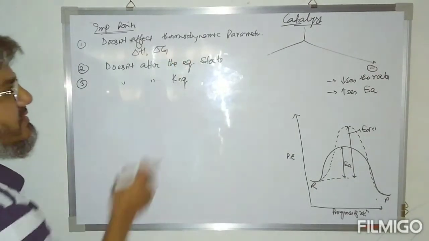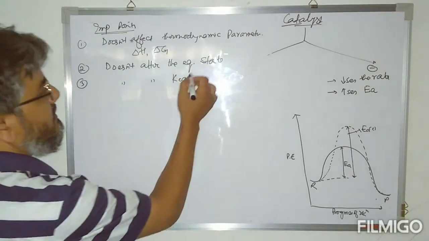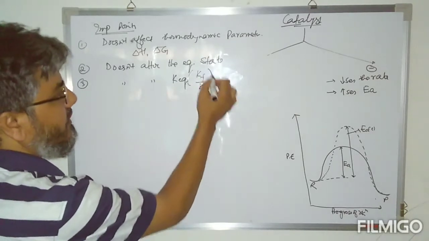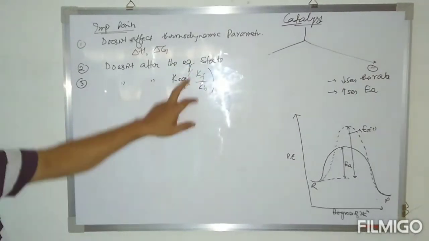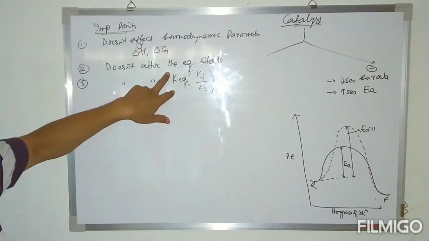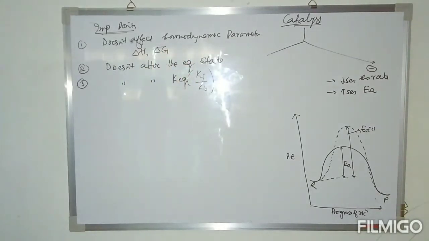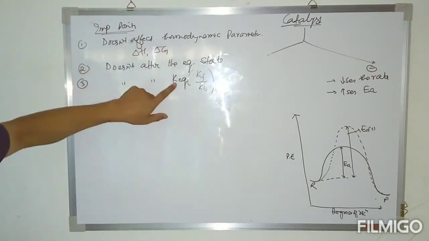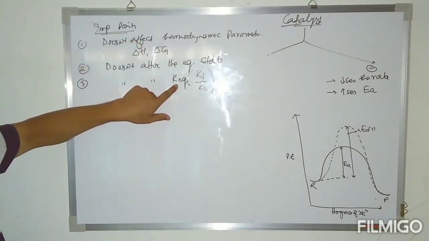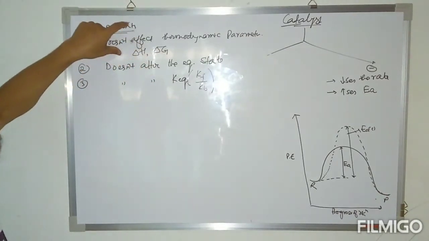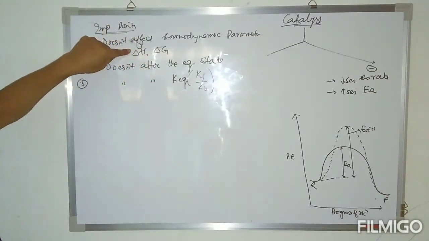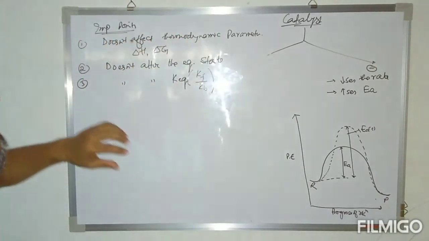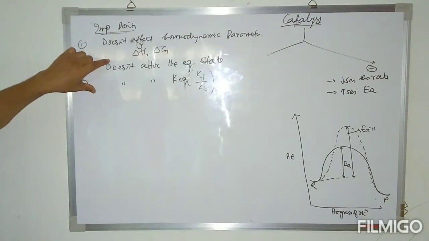So if the rate is increased by the same factor, both reactions are increased by the same factor, so the equilibrium constant will not be altered by use of this catalyst. So equilibrium is not altered. If equilibrium is not changed, the equilibrium constant remains unaffected, and thermodynamic parameters like enthalpy change or free energy change are also not affected by use of catalyst.